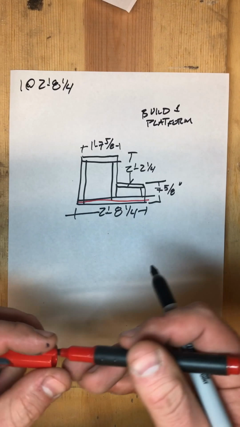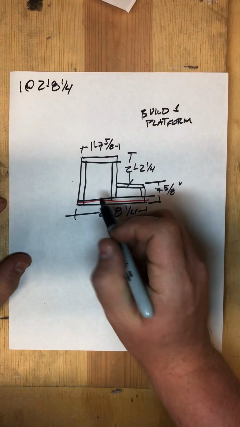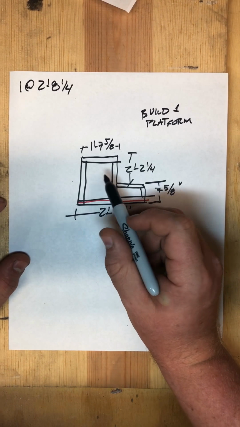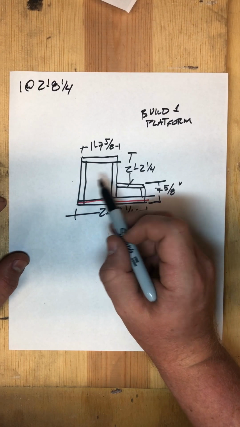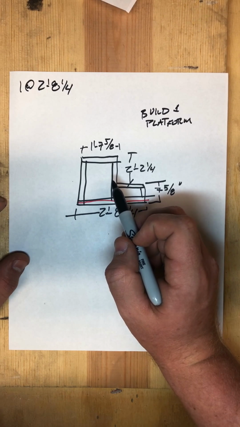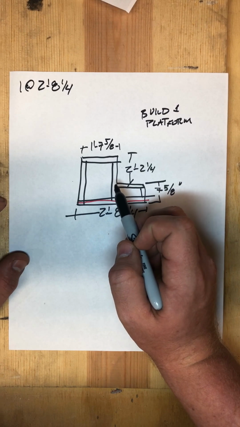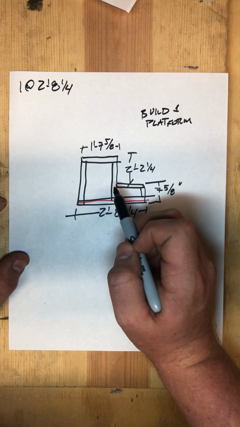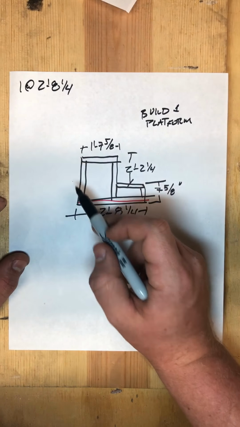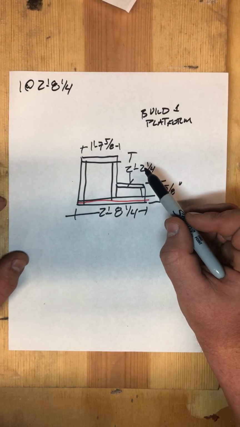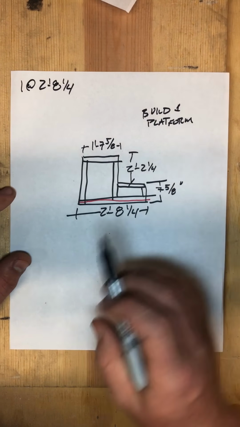I can color it in, whatever. But then that way we know that we've got that board figured out. Now I've got these two that are the same length. What I need to do is figure out how to find that distance. I don't have an overall length here, so what I have to do is add this number to this number.